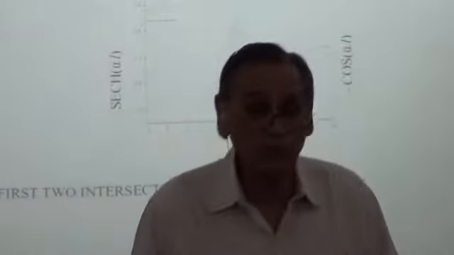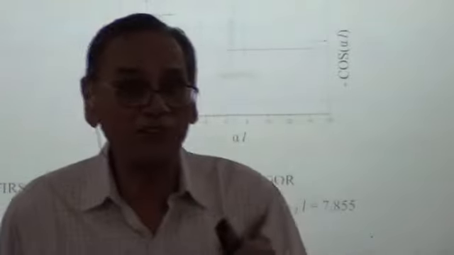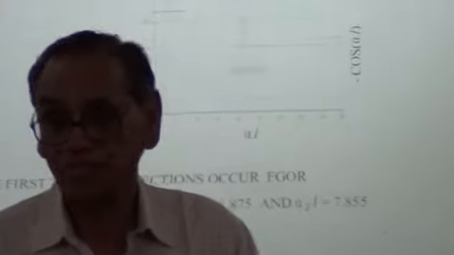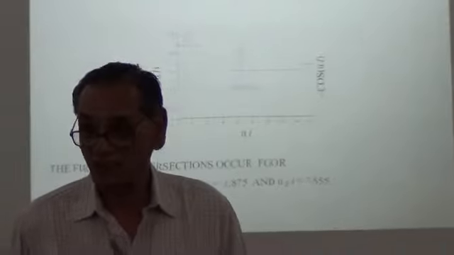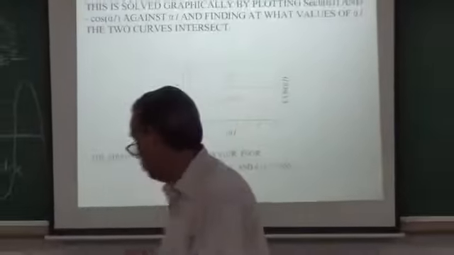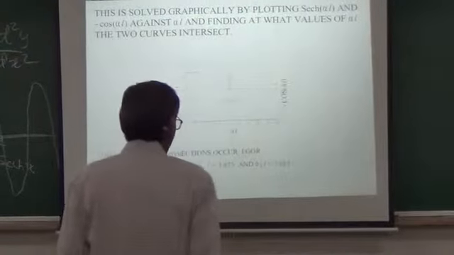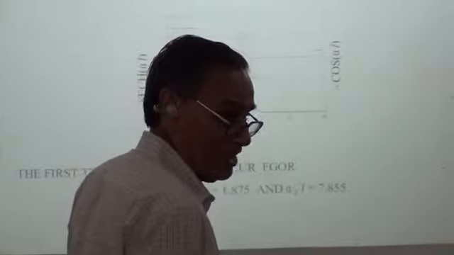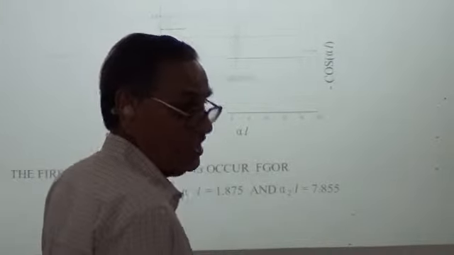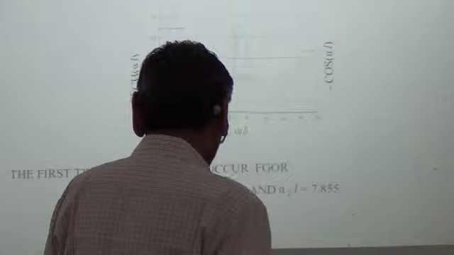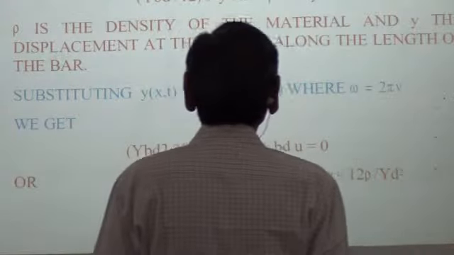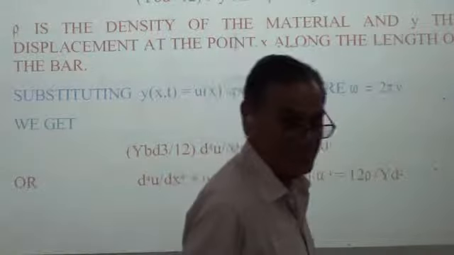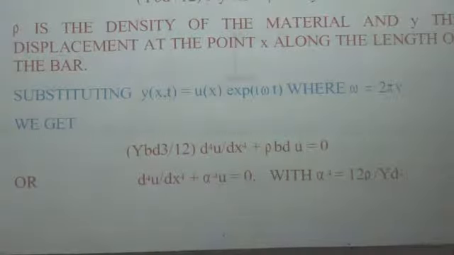Alpha power 4 is proportional to omega square, so alpha square is proportional to omega. You write alpha 1 square L square is 1.875 whole square. Alpha 1 square is omega into the square root of 12 rho by Y d square, that's a constant for the given part.